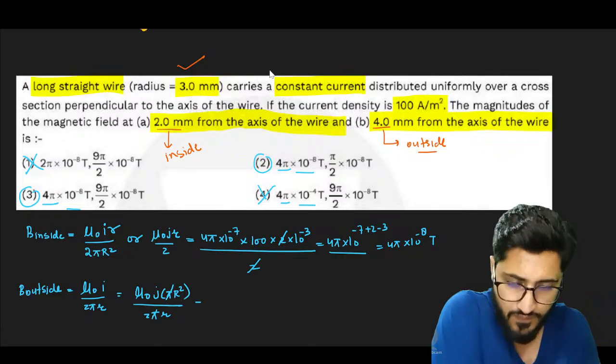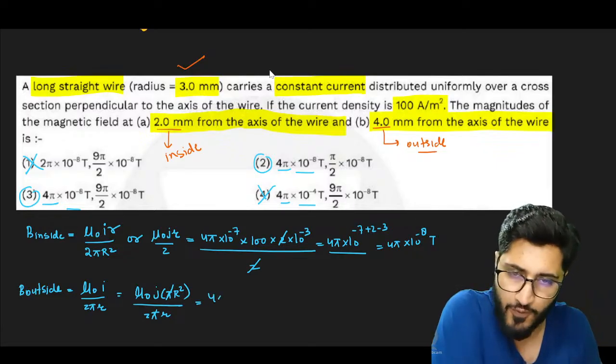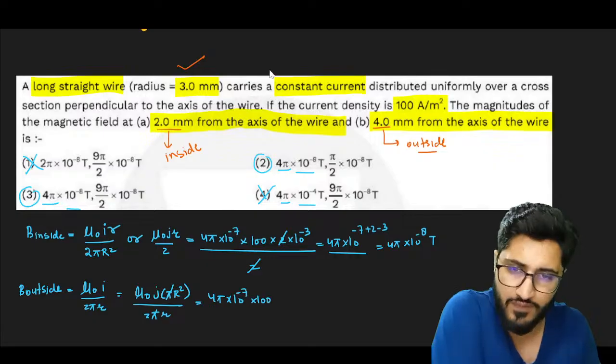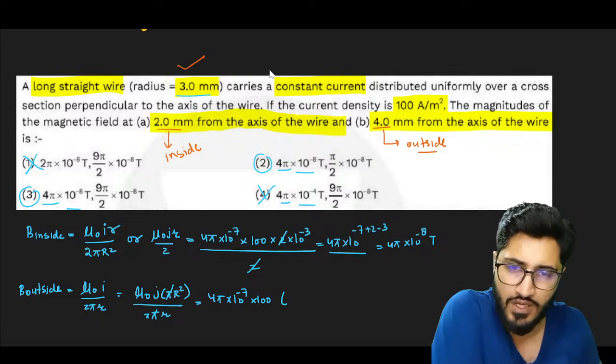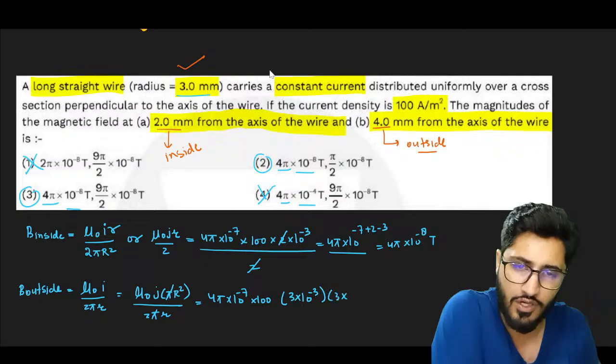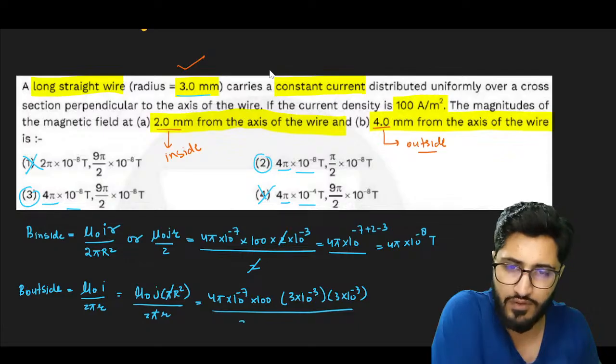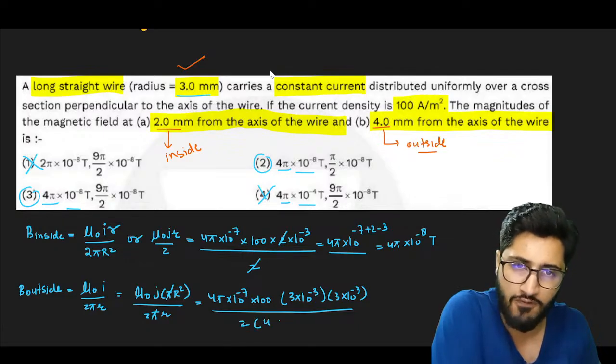Pi cancels out. Mu naught is 4 pi 10 to the power minus 7, J is 100. What is R? R is the radius, 3 10 to the power minus 3, squared, whole divided by 2 into r, which is 4 10 to the power minus 3. Done?